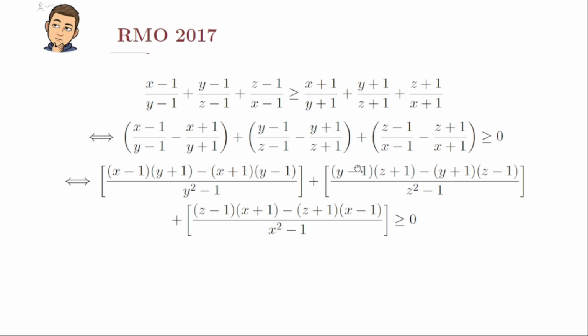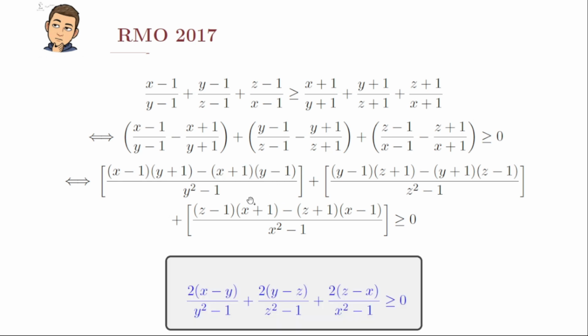Also for the others, yz will be cancelled with minus yz, and zx with minus zx. Also minus 1 will be cancelled with plus 1 in each numerator, and you can check by yourself. The numerator will be just 2 times (x minus y), and then 2 times (y minus z), and 2 times (z minus x). So this is the simplified version of the original inequality.